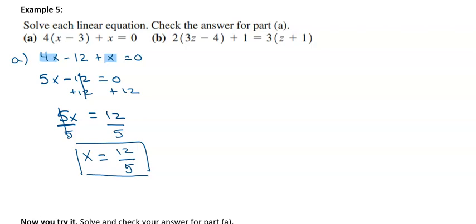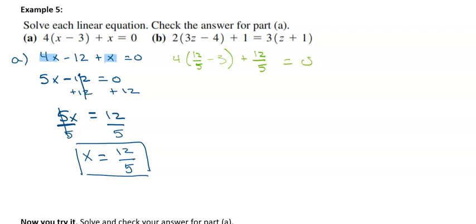I'm going to do this in a different color so you can see that I'm checking. So we've got 4 times 12/5 minus 3 plus 12/5 equals 0.